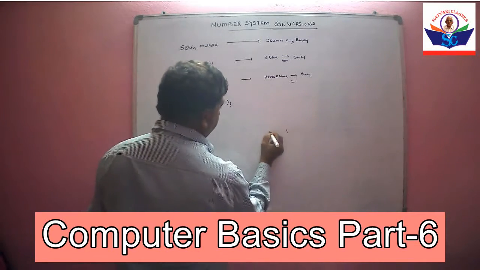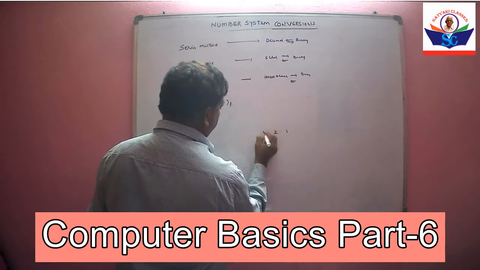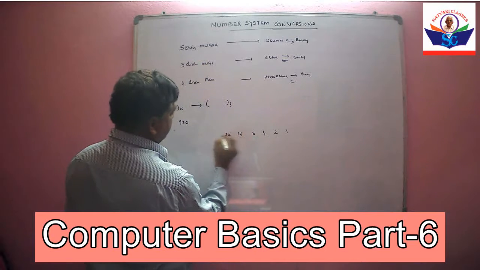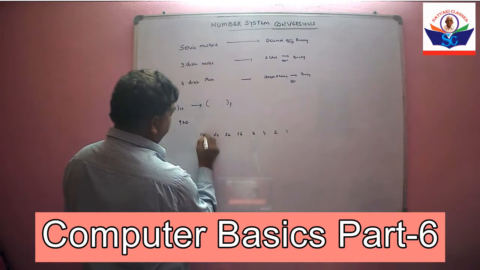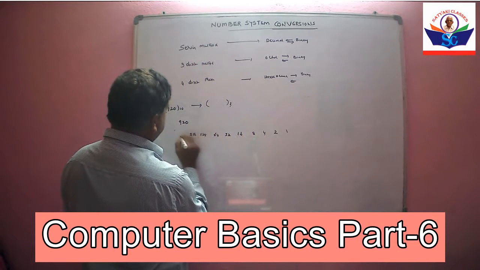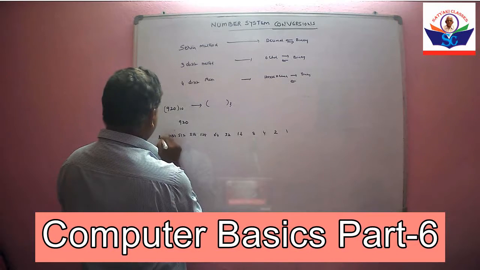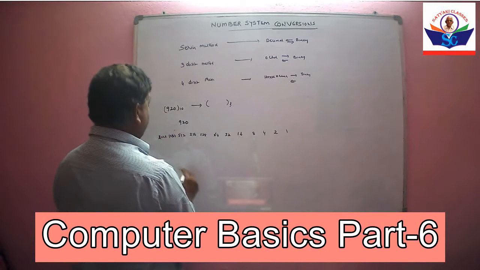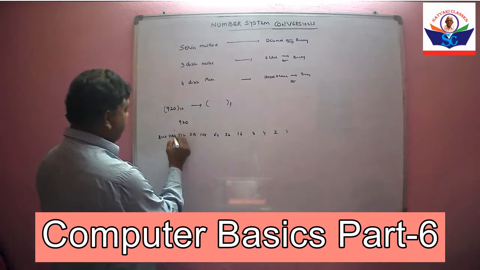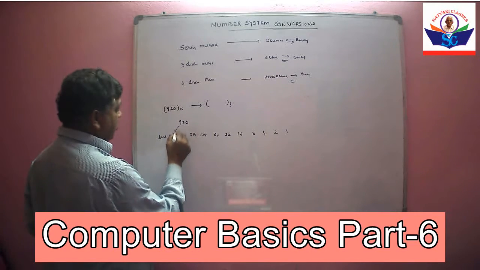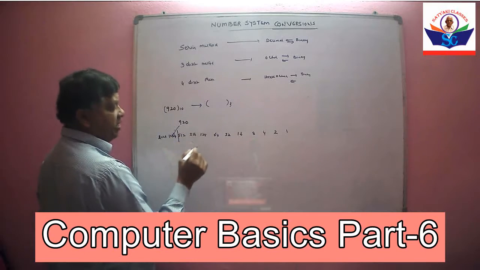Now write 1, 2, 4, 8, 16, 32, 64, 128, 256, 512, 1024, 2048. As 1024 is greater than 920, we will take the numbers only up to 512.